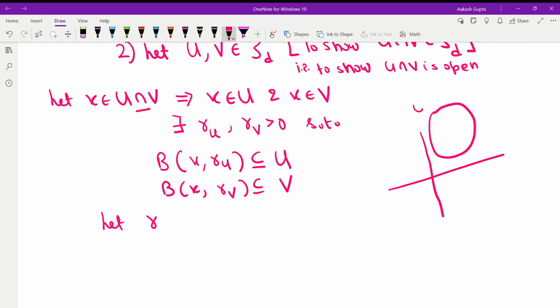You have something like this: U, V. Oh no, sorry, they're intersecting. Let me draw it properly.